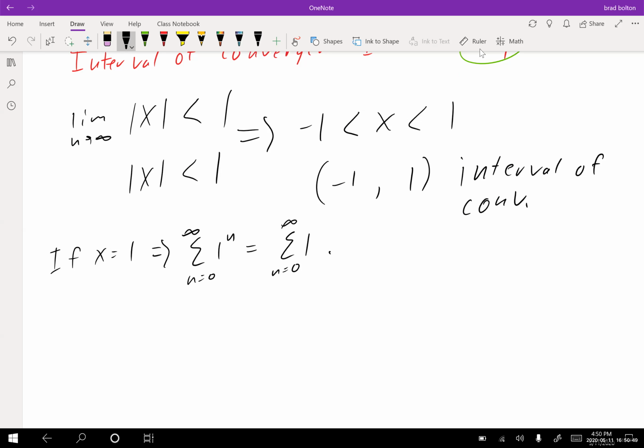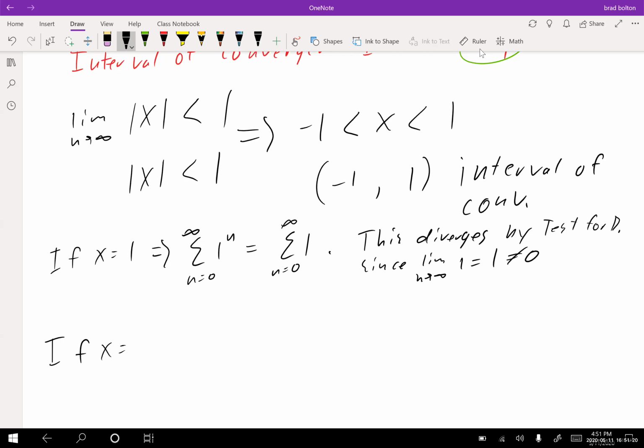This is divergent because, as you can imagine, the limit of this is not 0, so it allows us to use the divergence test. So this diverges by the test for divergence, since the limit as n approaches infinity of 1 equals 1, which is not equal to 0. And that's what the divergence test says.